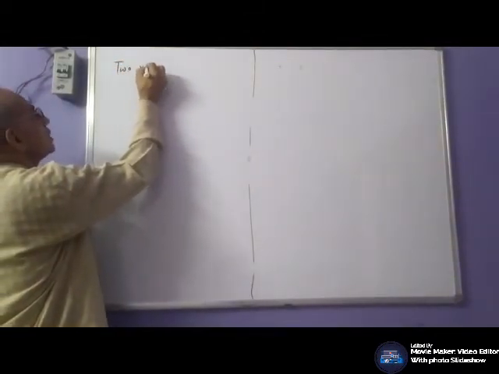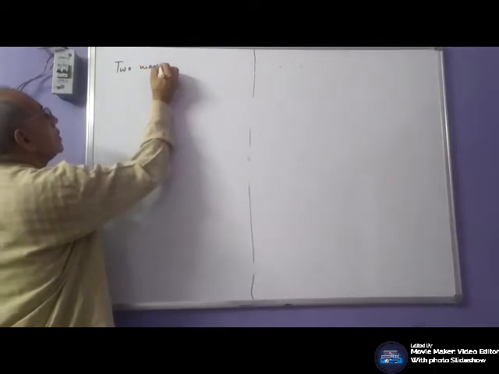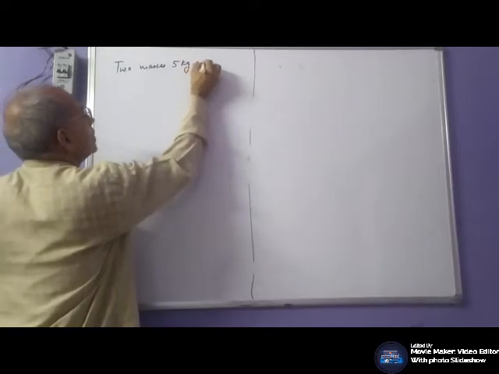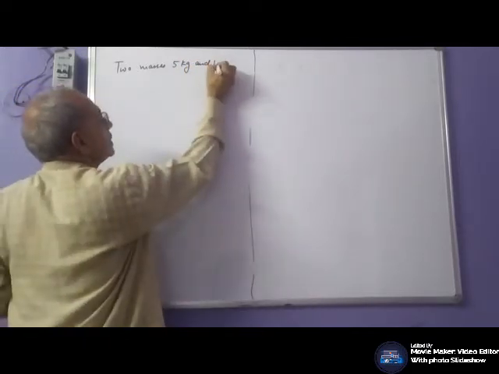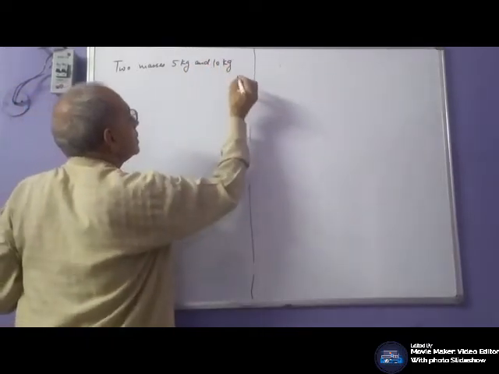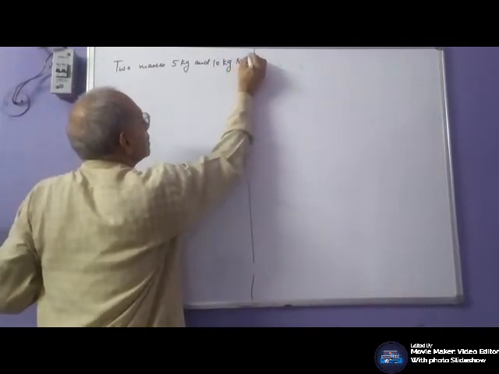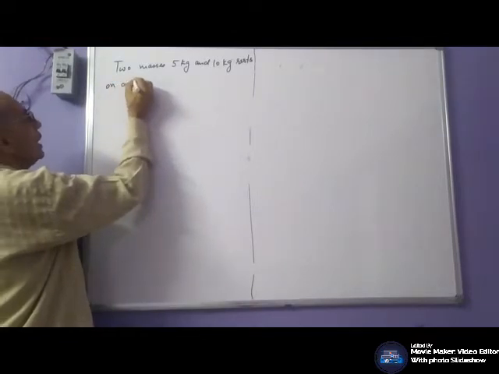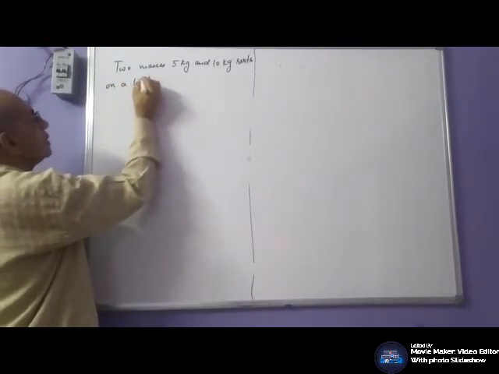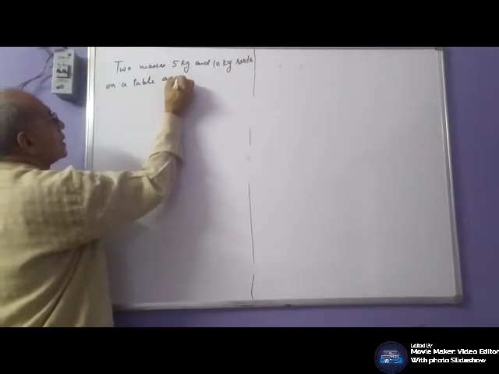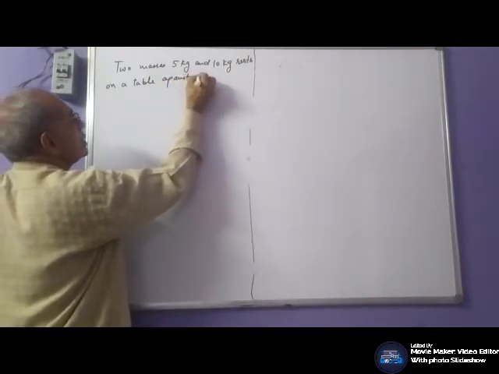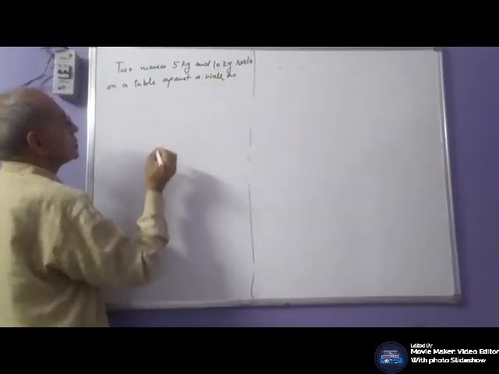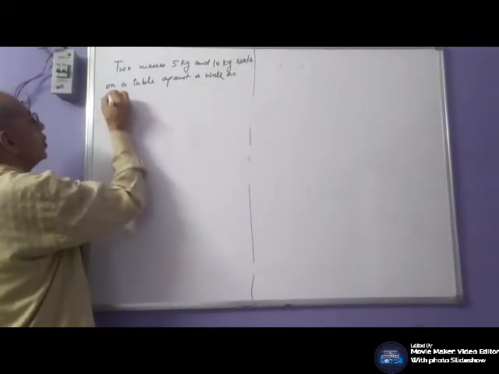Two masses, 5 kg and 10 kg, rest on a table against a wall as shown.